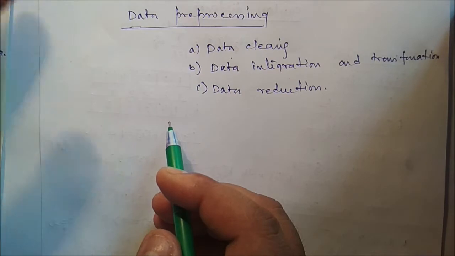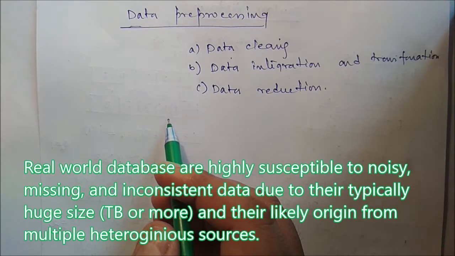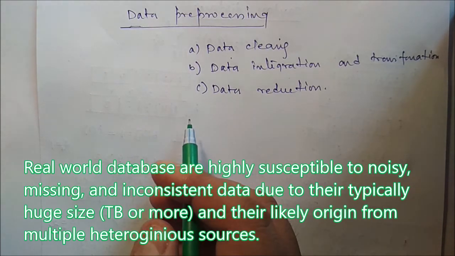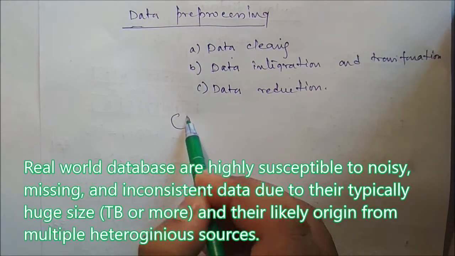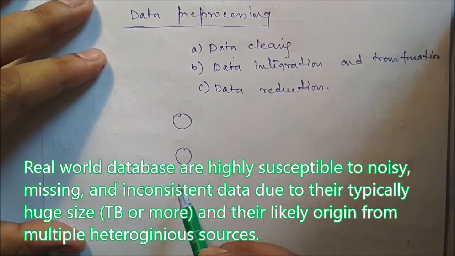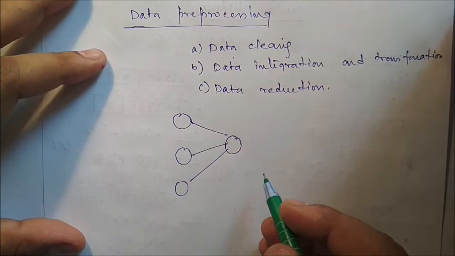Real world databases are highly susceptible to noise, missing and inconsistent data due to their typically huge size. Size means what? It may be terabytes and more, and they are likely to originate from multiple heterogeneous sources. Practically, in real world data, we collect data from various sources to apply data mining.